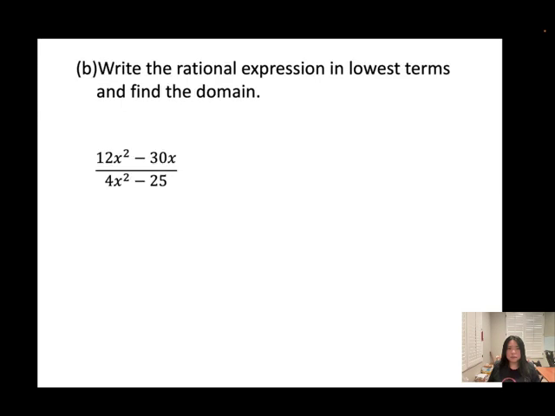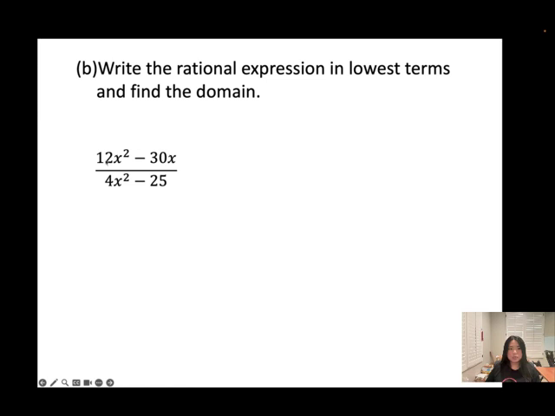Example 2. For this kind of rational expression, first we try to write it in lowest terms, meaning factor to see if you could simplify something. So look at the top here. What is the common factor?